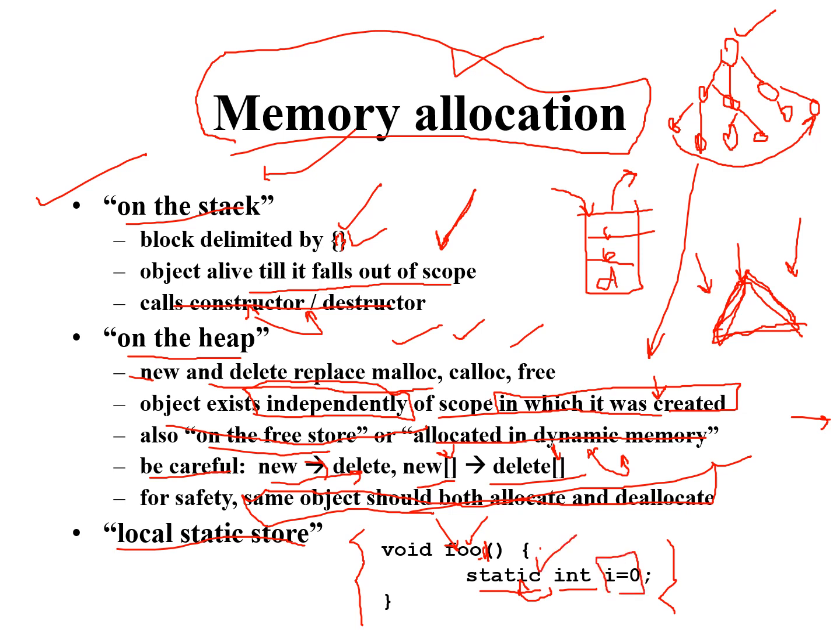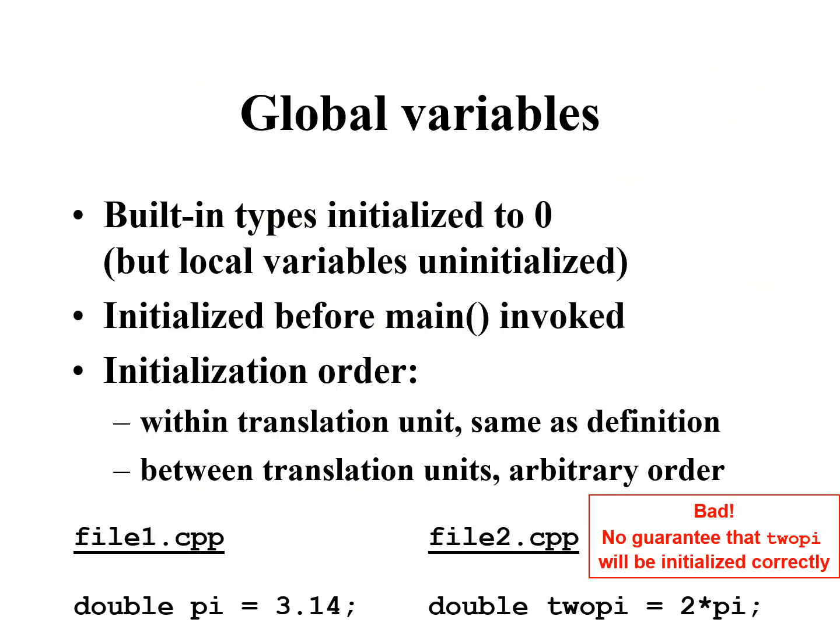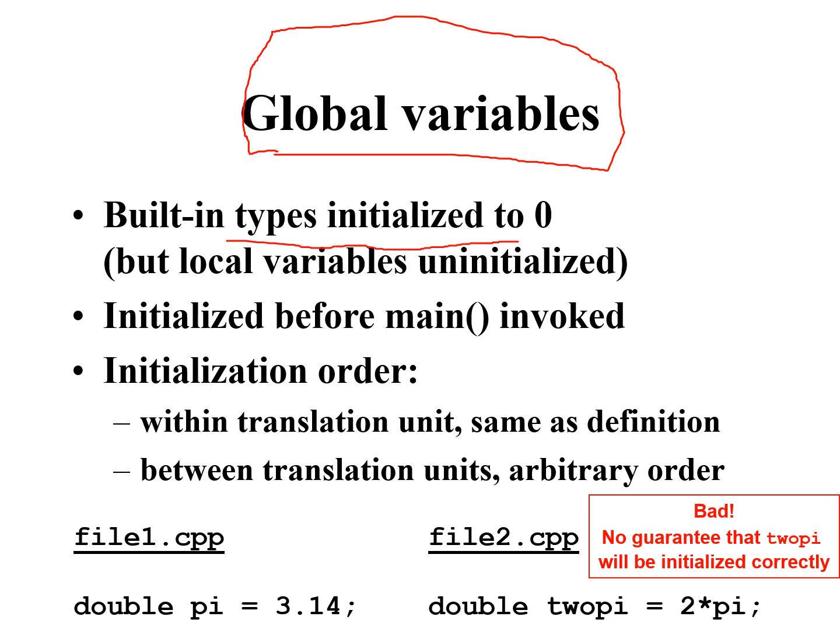What is static, I have explained previously. Now global variables. What are global variables? These are built-in types initialized to 0.